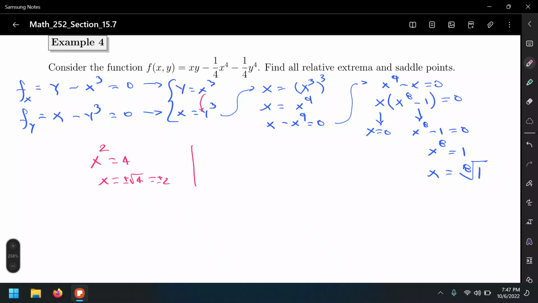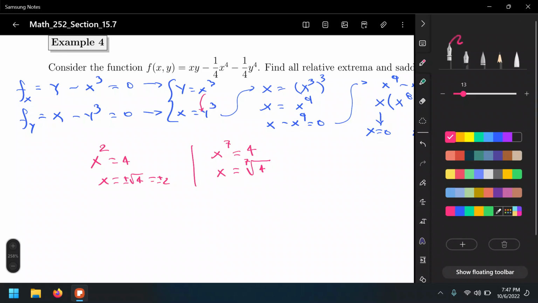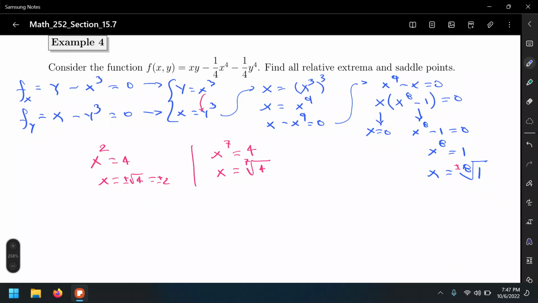However, when the power is odd, x to the 7th, for example, equals 4, in this case, we don't need the plus or minus. That's the 7th root of 4. So whenever the exponent is an even exponent, this is where we need this plus or minus. And what's the 8th root of 1? Isn't it just 1? So plus or minus 1. Alright.